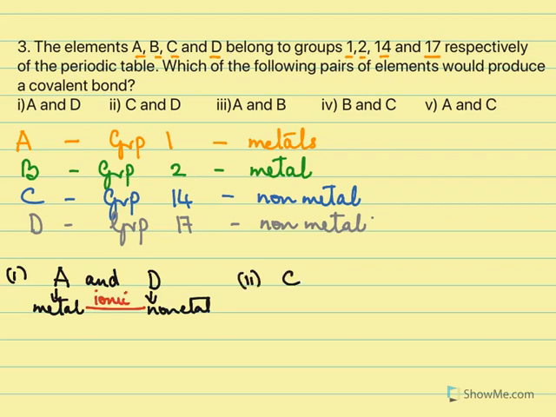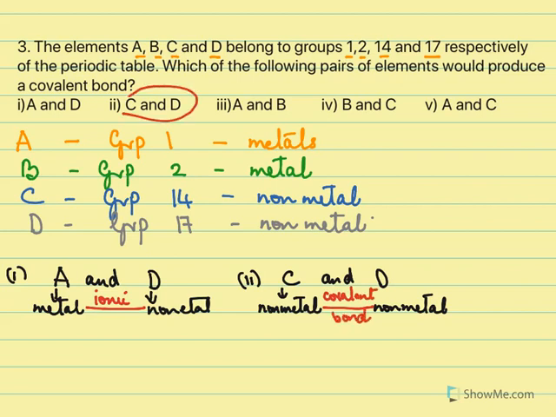Now, for the second one, they said C and D. Now, C, look up and see, non-metal. D also non-metal. So, between two non-metals, there is always a covalent bond. So, between C and D will be a covalent bond.